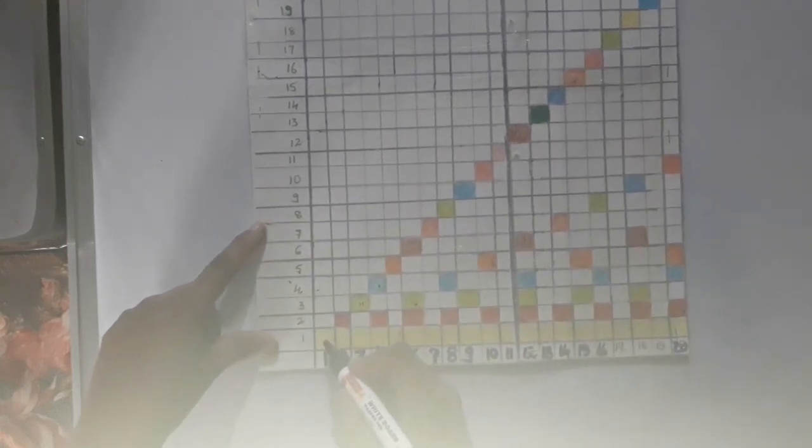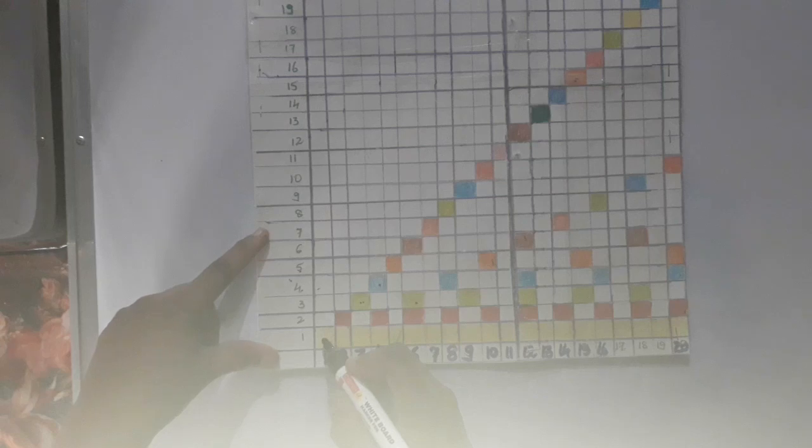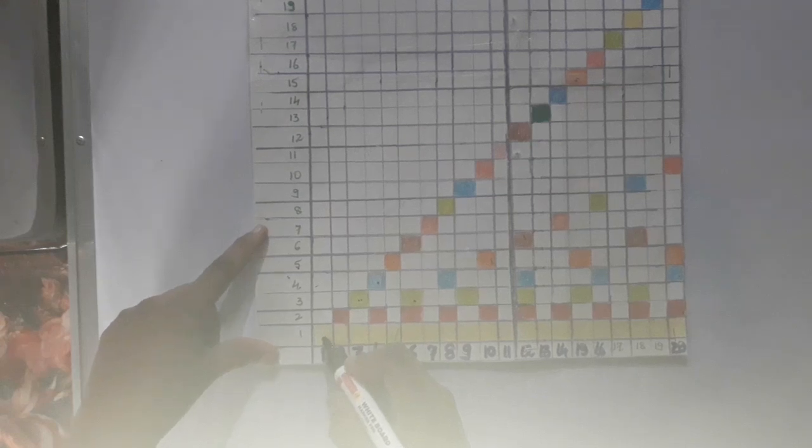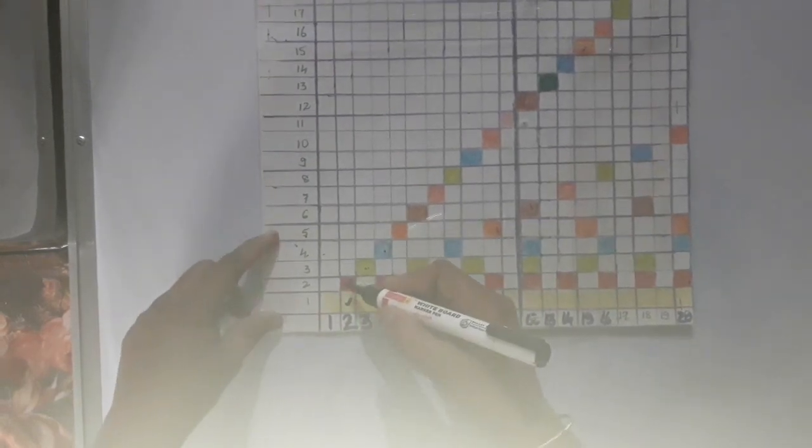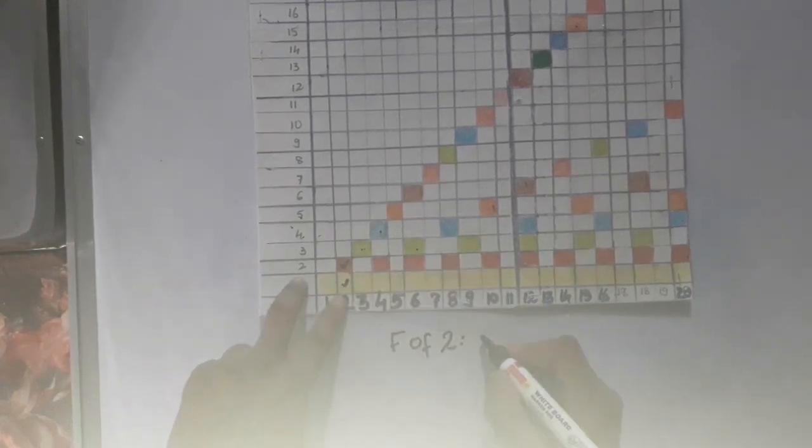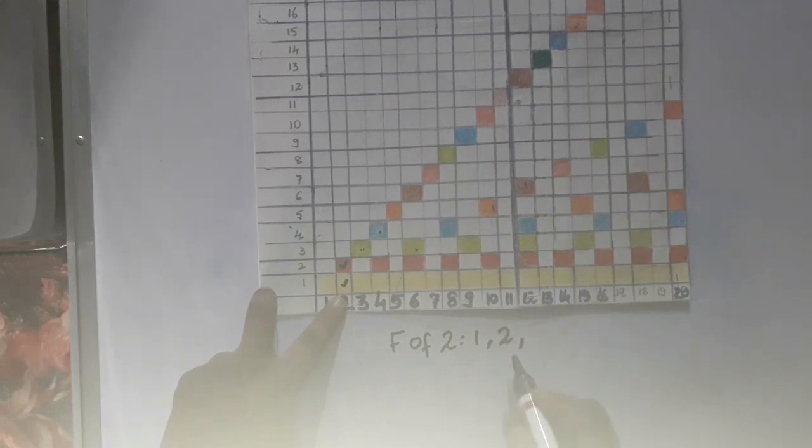Now as you know, 1 is neither prime nor composite, so we will start with 2. In 2 you can see that 1 and 2 squares are colored, so the factors of 2 are 1 and 2, and if a number has only 2 factors, you know that it is said to be a prime number.